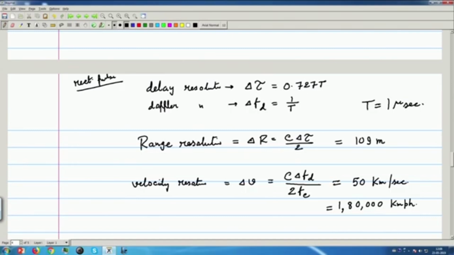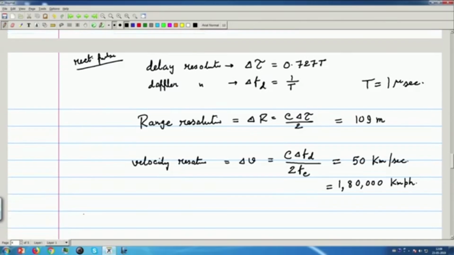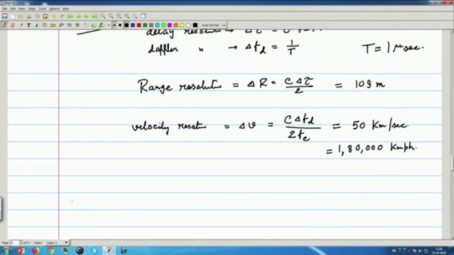Now, before going further, again we do this exercise very hurriedly for another pulse, that is a Gaussian pulse. That means, instead of rectangular, if I take a smoother pulse, let us see what its ambiguity function will be.